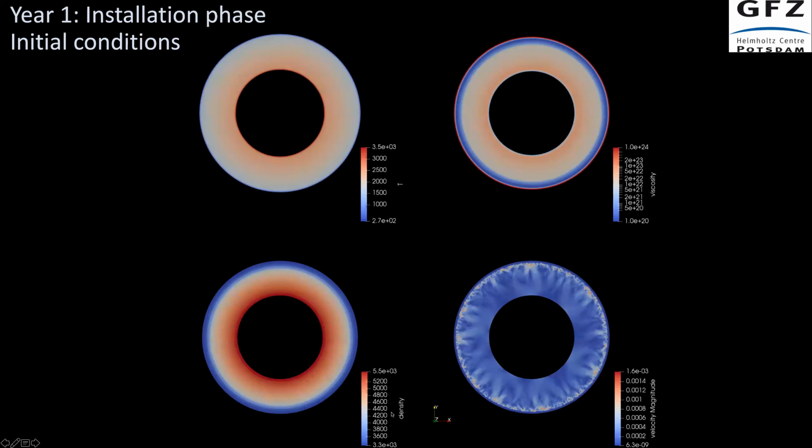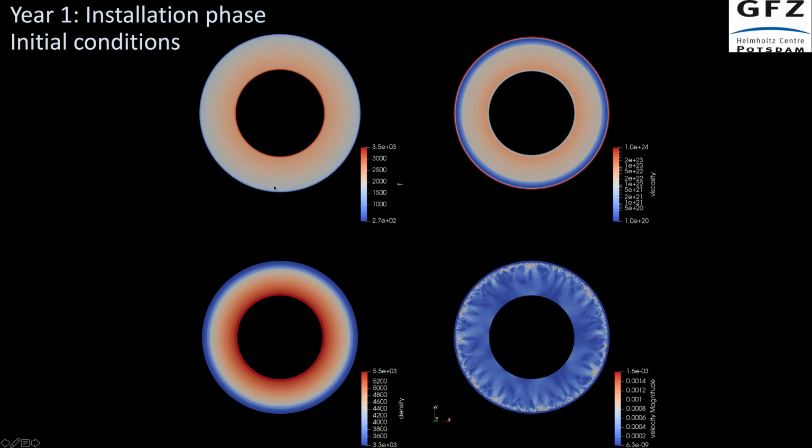And so this first year has really been an installation phase, because some of the features were either not in ASPECT or they didn't work together. And the most important part to get these models to converge is the very initial stages, where these plumes are forming self-consistently and rising with velocities of meters per year and breaking the slab, breaking the lid, and this is quite difficult for the solvers.